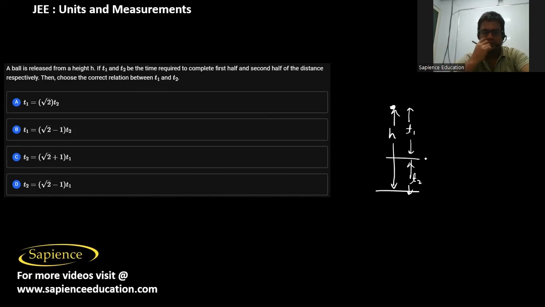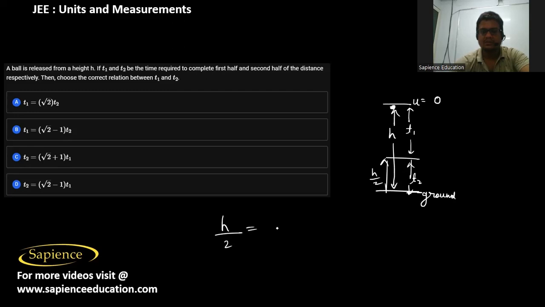Then the relation in between t1 and t2 is how much? So it is released from here. So initial velocity will be 0 here. And this is the ground. And this is the height h by 2. So therefore h by 2 is the displacement in the first t1 seconds.